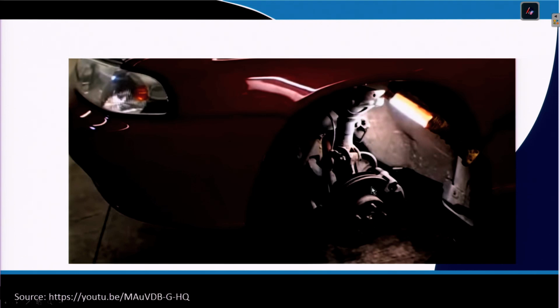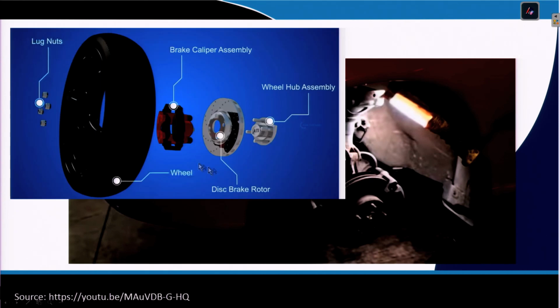If you take out the wheel, you can see on the axle the brake shoes over here. In a wheel, there is the main brake caliper assembly fitted over here, and outside it the disc brake part, then the wheel hub assembly and the main disc brake rotor working over there.